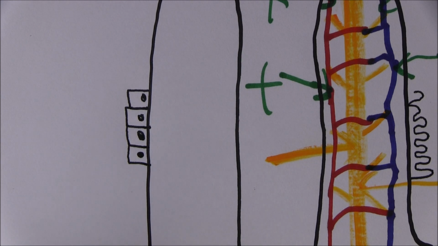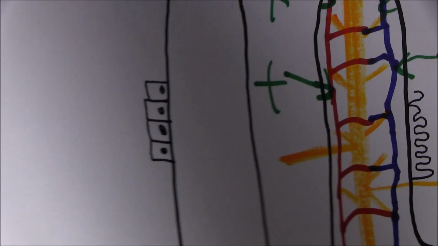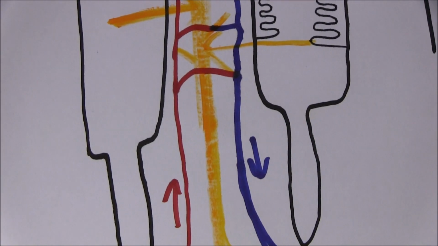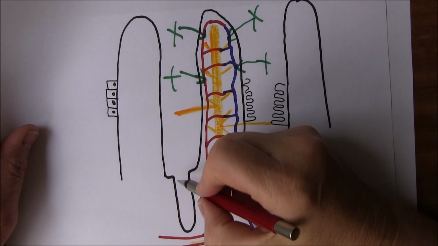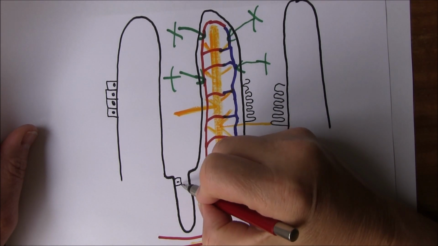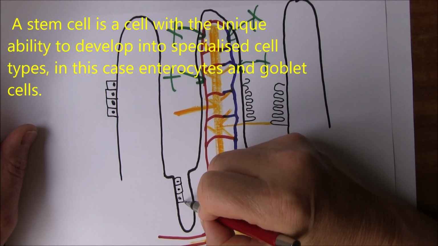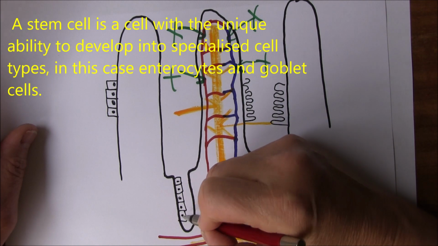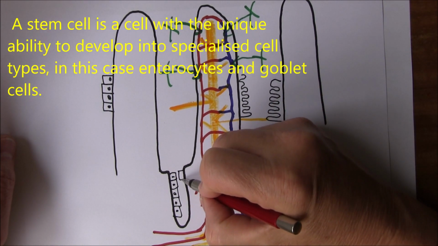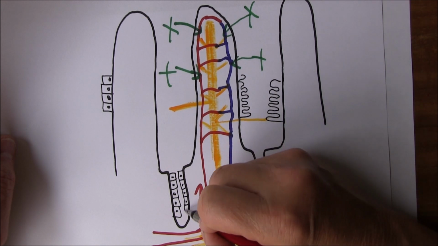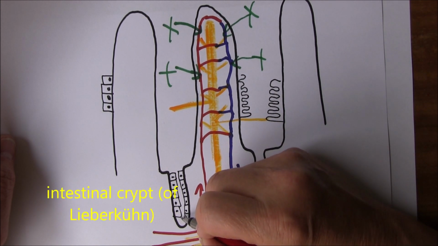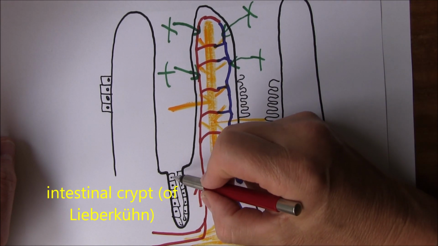And actually, just before we go on, I think I'll just tell you that in these intestinal crypts, so we have these intestinal crypts here. So these are the intestinal crypts. Now, the stem cells to produce the goblet cells and to produce the enterocytes are actually in these crypts, what used to be called the crypts of Lieberkühn in the old days. And these are the germ cells.